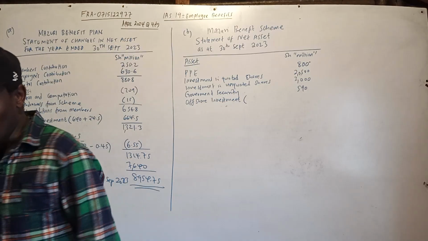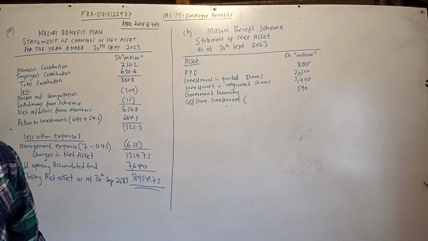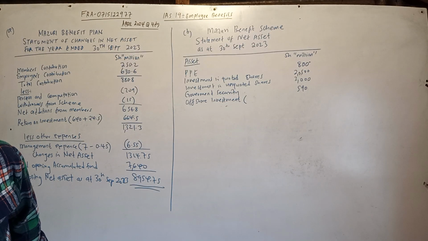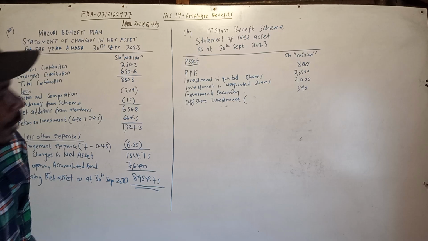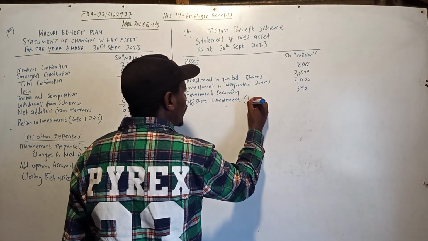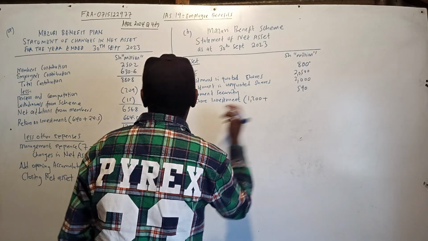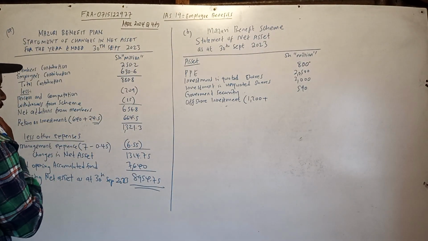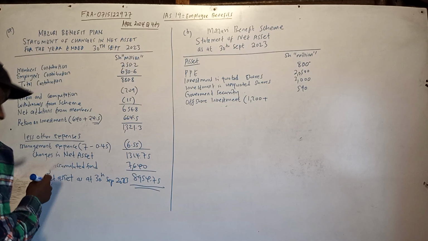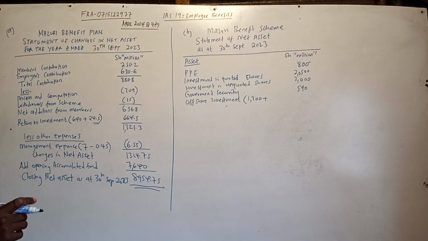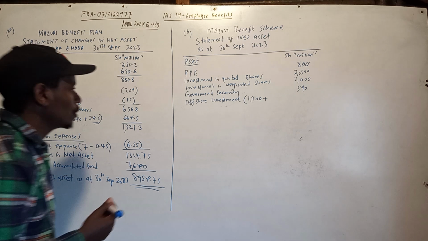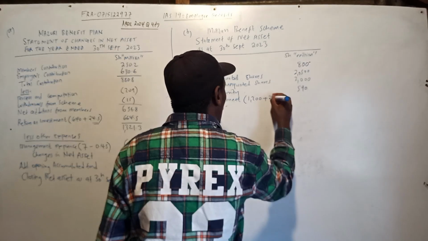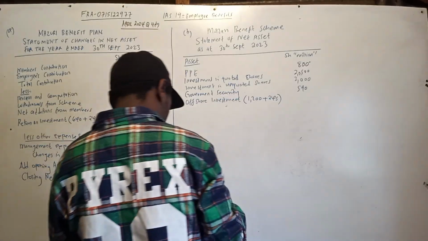Let's go to our offshore investment. Where is it? 1,200. But remember, we had another investment, which from the question was an accrued income. An accrued income is an asset, 24.5.